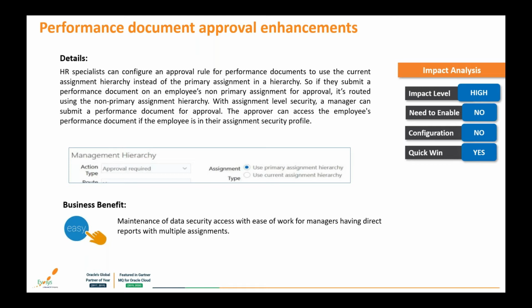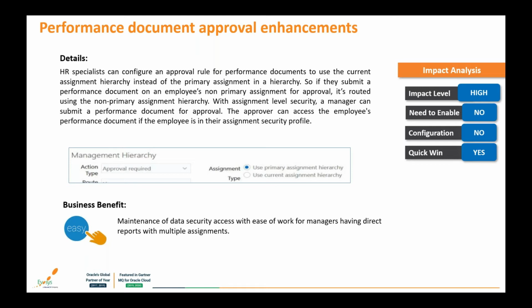Now, there were questions arising wherein if an employee is having multiple assignments and both the assignments are having a performance document, then in case of an approval, it was always routed through the current assignment of that particular employee. So even if it is a non-primary assignment, it used to route through the current assignment.